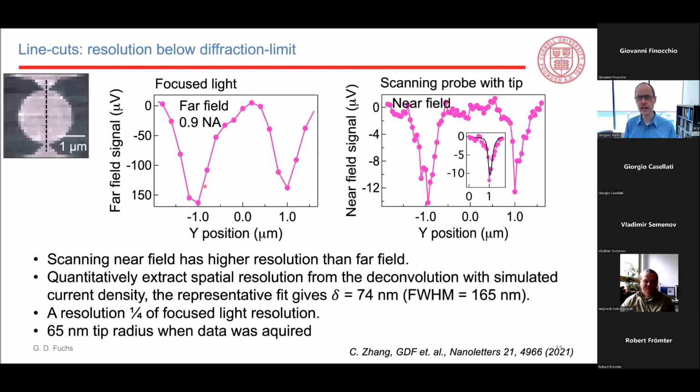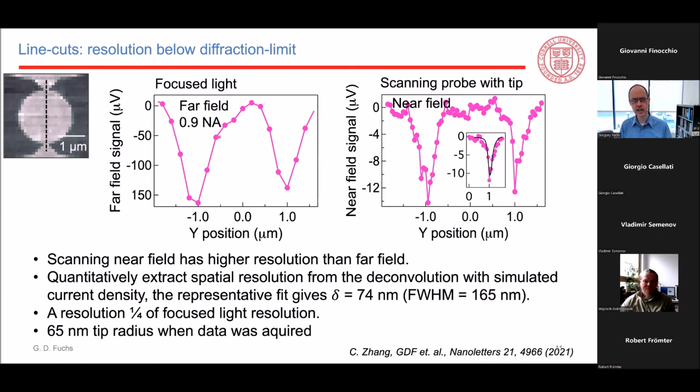Now, if we make a detailed comparison, and here's again a larger view of that sample, there's actually 2 constrictions, one at the top and one at the bottom, and we take a line cut through both of them. We can make a detailed comparison between the focused light version of our microscope and the near field scanning probe version of the microscope, and you see a very big difference.